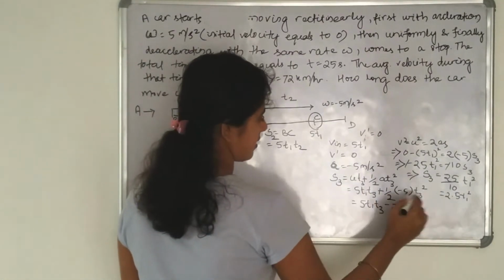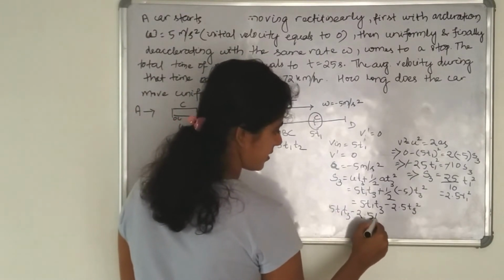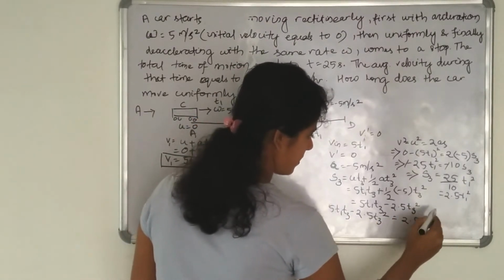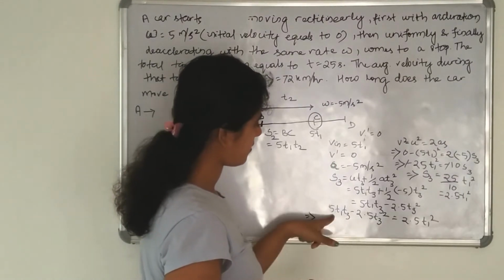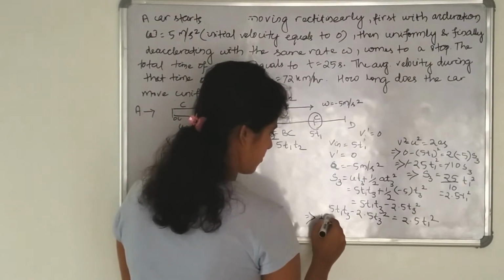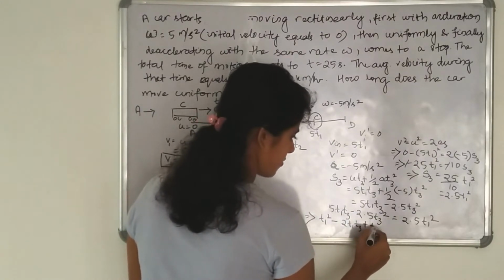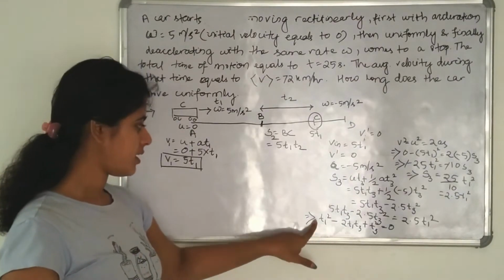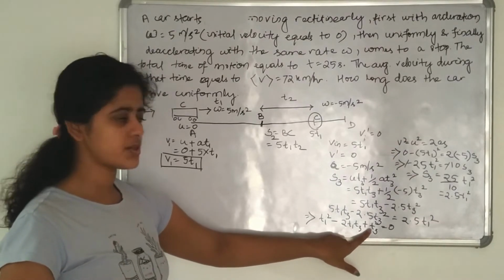If we equate 5 T1 T3 minus 2.5 T3 square is equal to 2.5 T1 square, and cancel the 2.5 term, then we get T1 square minus 2 T1 T3 plus T3 square is equal to 0. This is the formula of a minus b whole square, like a square minus 2ab plus b square: T1 square minus 2 T1 T3 plus T3 square.